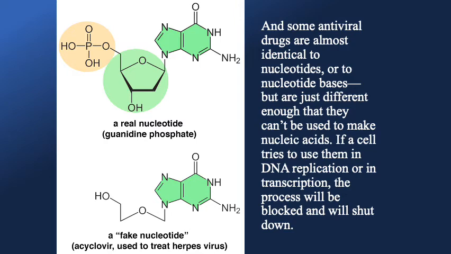It can't incorporate those into strands of DNA or RNA and make them any longer because there's nothing for the next nucleotide to attach to. So acyclovir is commonly used to treat the herpes virus, both genital herpes, but I guess you could also use it for oral herpes, cold sores.